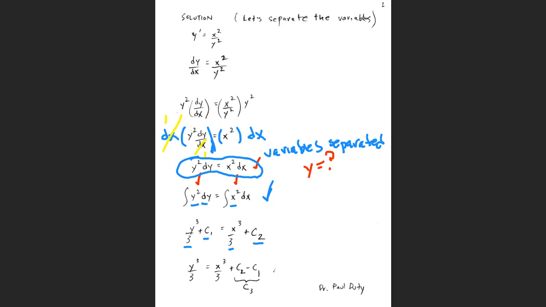I can combine those constants. If I subtract c1 from both sides, I'll end up getting y cubed over 3 equals x cubed over 3 plus c2 minus c1.